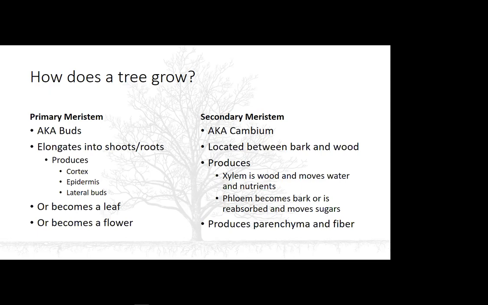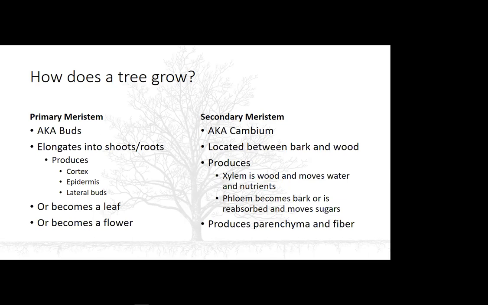And this is what produces the xylem, which is the wood on the inside where water and nutrients are moved, and the phloem, which can become part of the bark or it can be reabsorbed, and that's the tissue that moves sugar around. And remember that part of the xylem is also the stem parenchyma and the fibers that you find in the wood.